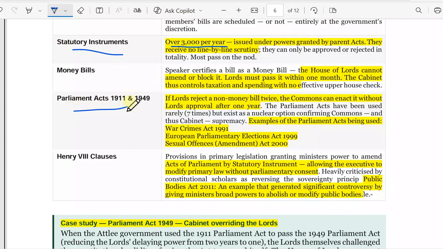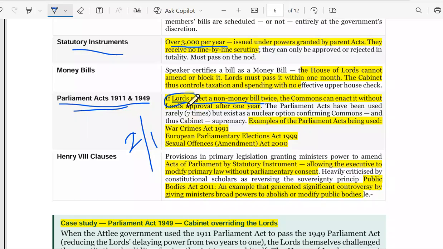Parliament Act, very interesting. What happened was that the cabinet actually limited the power of the House of Lords. How? By amendment in the Parliament Act of 1911. They said that the House of Lords cannot delay a bill twice in a single year.